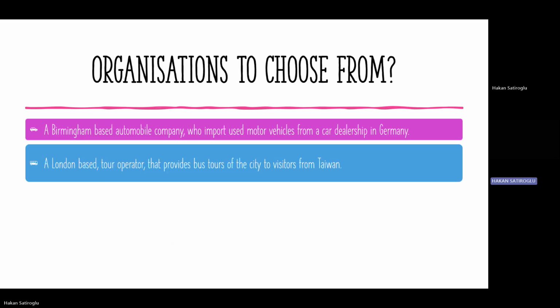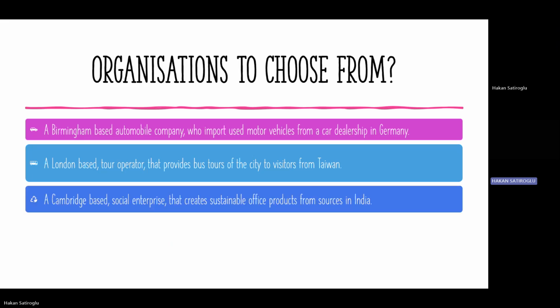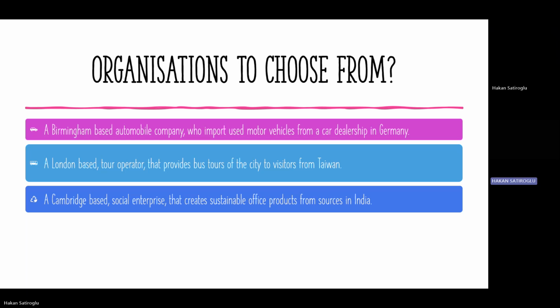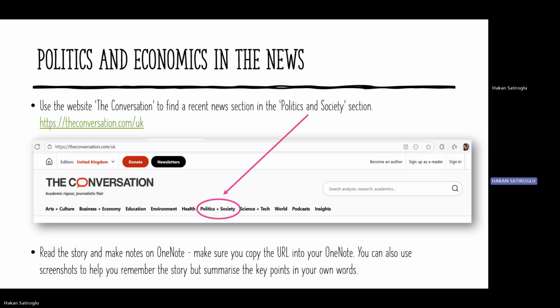Next one is Taiwan and London, UK. Another one, UK and India, and Spain and UK. In the previous slide, I wanted to focus on Germany, Taiwan, India, Spain, maybe South Africa and the UK. If you want to do the UK, it's okay.